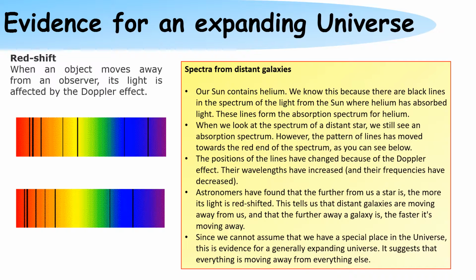Astronomers have found that the further from us a star is, the more its light is redshifted. This tells us that distant galaxies are moving away from us, and that the further away a galaxy is, the faster it's moving away. Since we cannot assume that we have a special place in the universe, this evidence generally explains that the universe must be expanding.